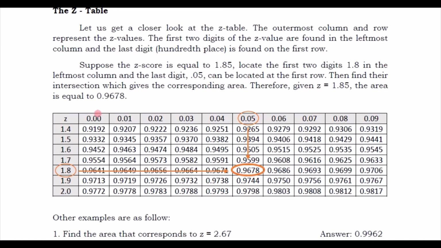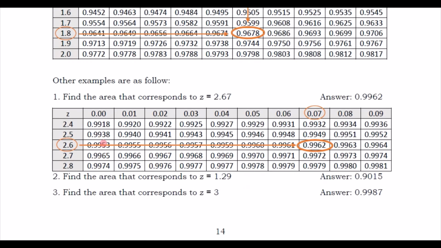Ano yung pinahanap sa atin? Yung area na nagka-correspond sa 1.85. Gaano kalaki yung area? That is 0.9678. Convert into percent, that is 96.78%.